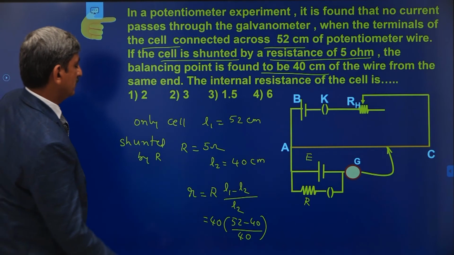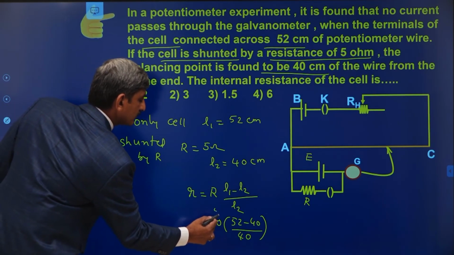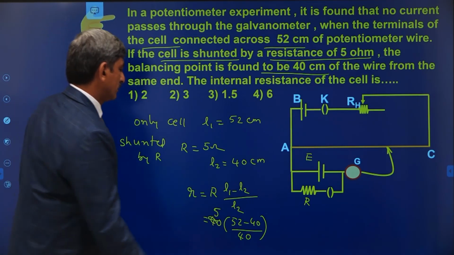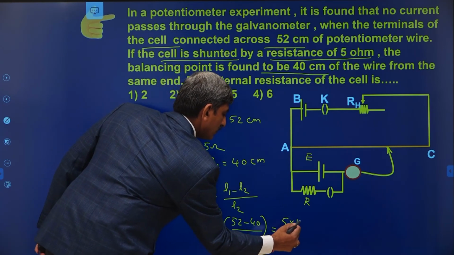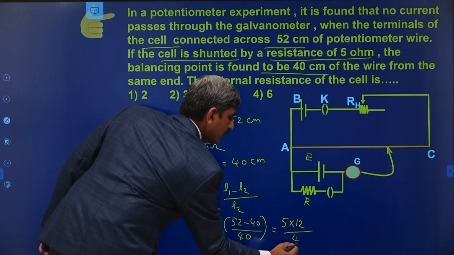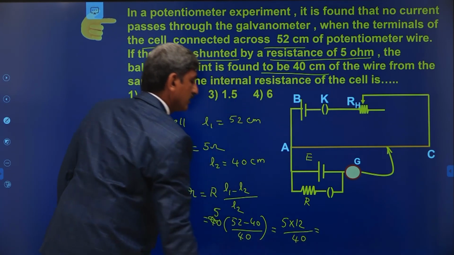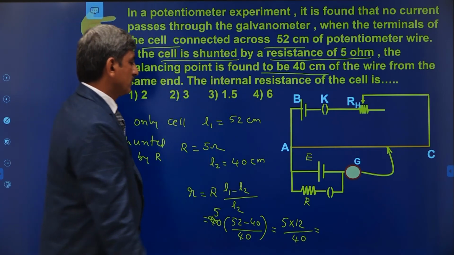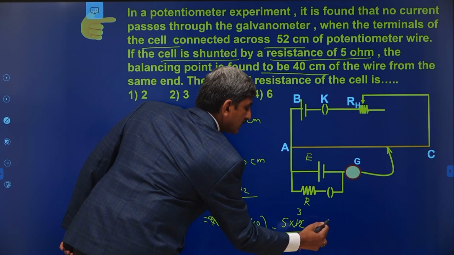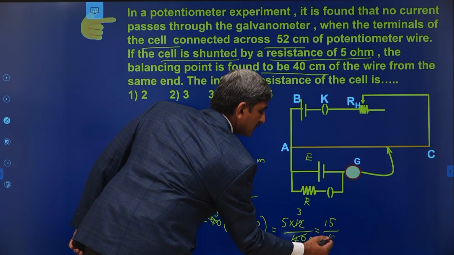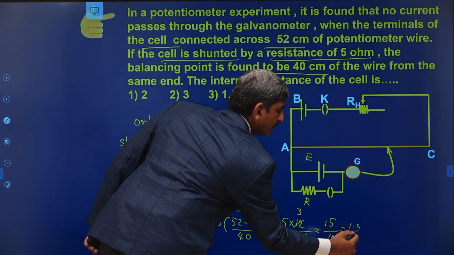So this is equal to 5 into 12 divided by 40. So 4 3s, 4 10s. So 15 by 10, that is equal to 1.5 ohms.